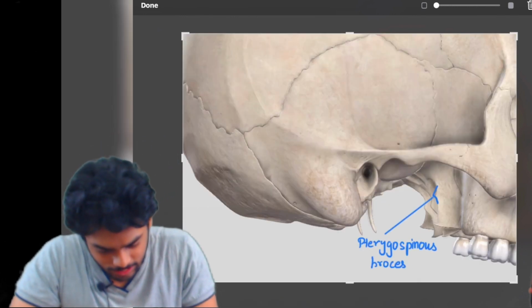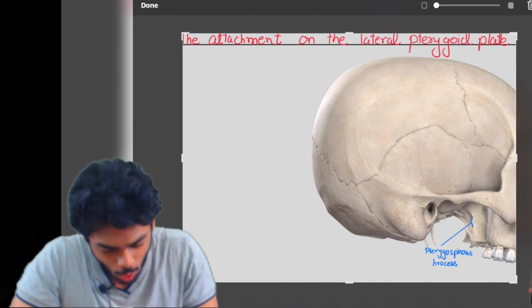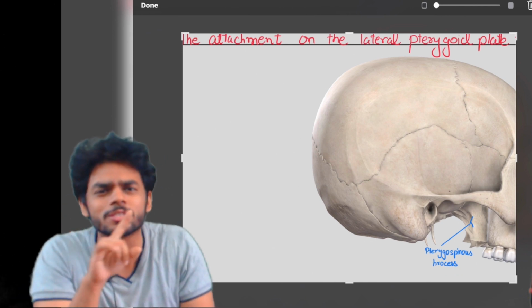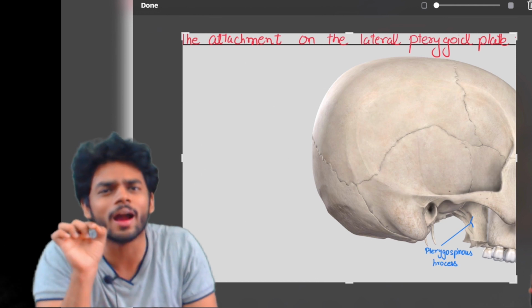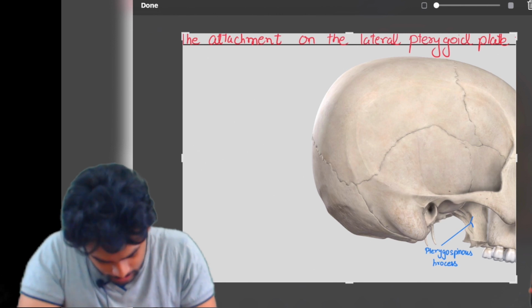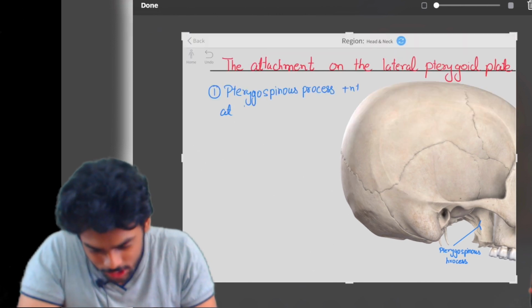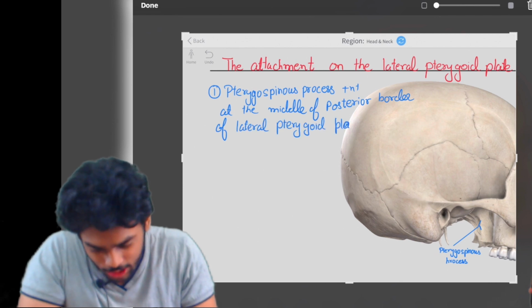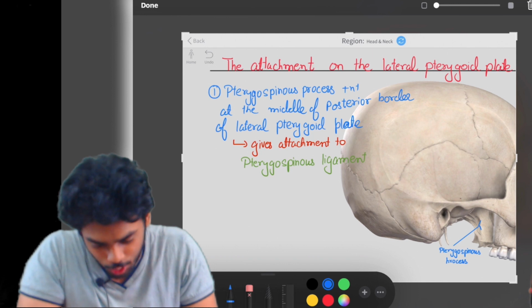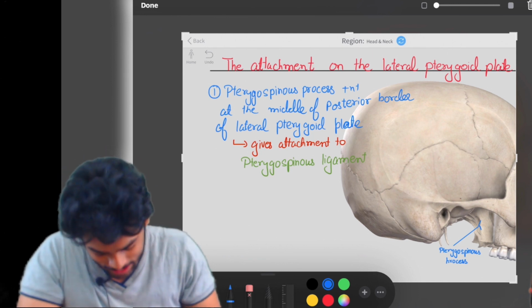This is the pterygospinous process of the lateral pterygoid plate. This pterygospinous process provides the attachment to the ligament of the same name. That is, this pterygospinous process is present at the middle of the posterior border of the lateral pterygoid plate and gives attachment to the pterygospinous ligament. Okay.